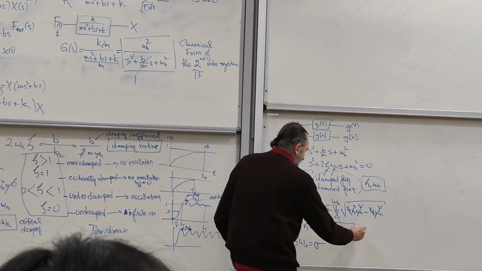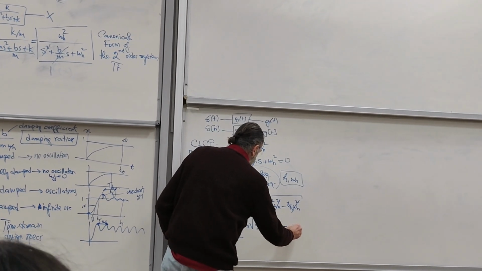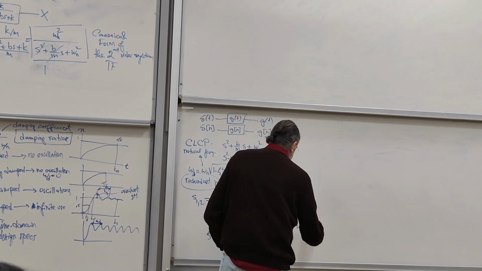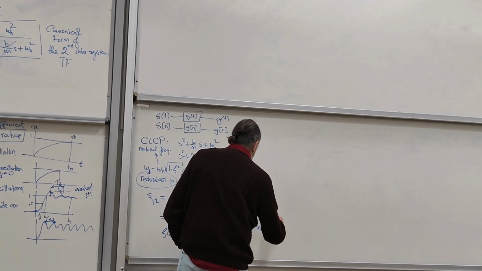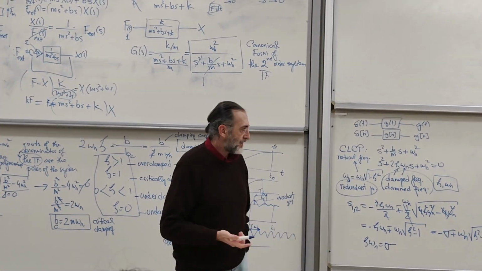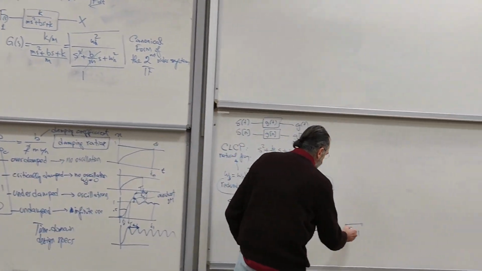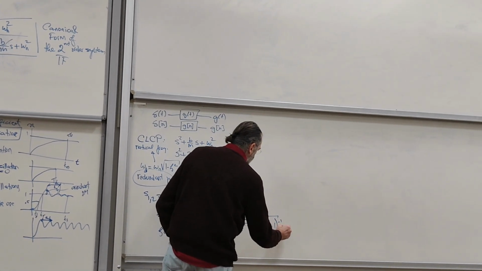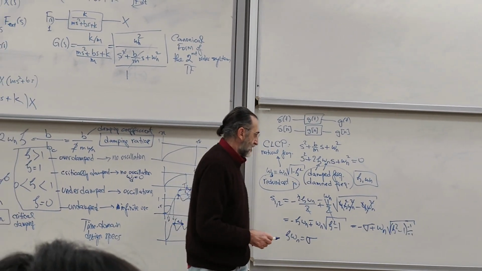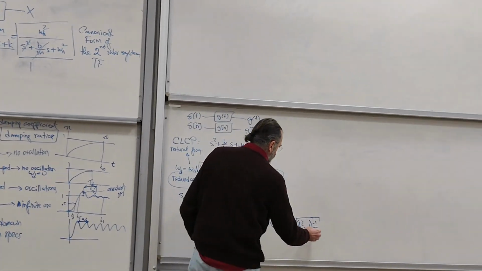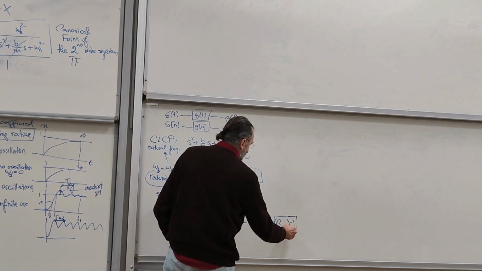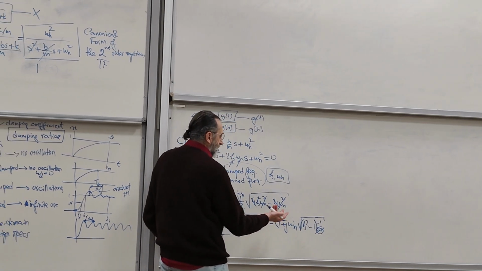So basically what we have is minus sigma plus or minus omega n square root of zeta squared minus 1. And then we're not happy with this still. We want to turn the square root of minus 1 into a complex number, j.